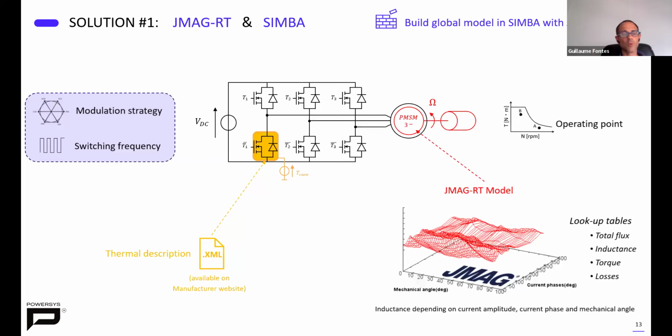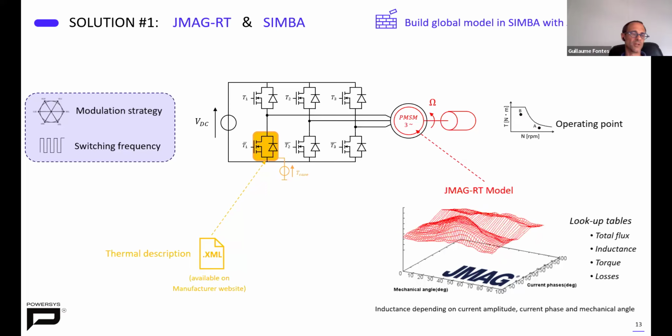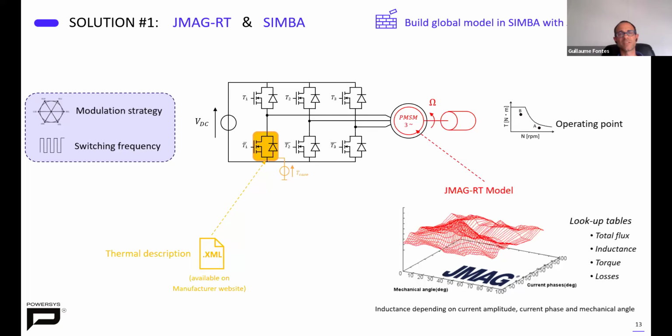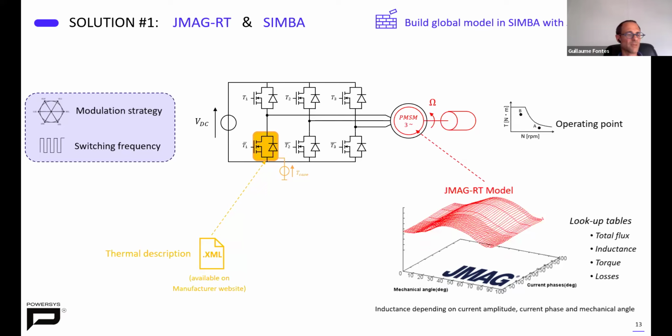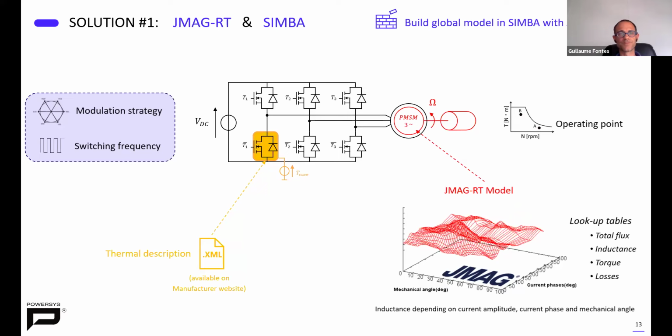So SIMBA will use this RT model in order to quickly simulate the motor behavior with good accuracy. That's one point that we're going to see in this webinar. So this first solution with SIMBA and JMAG-RT offers a very good compromise between simulation speed and accuracy.